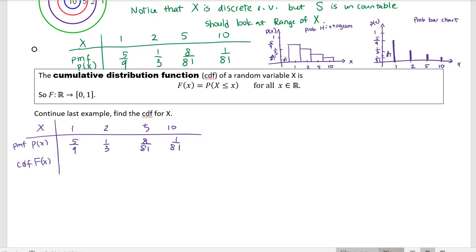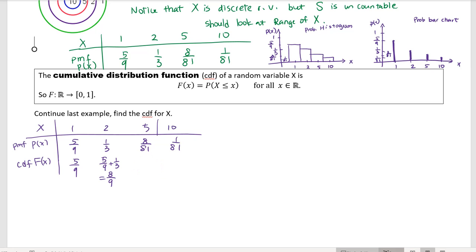The CDF is the probability of X less than or equal to that value. So for less than or equal to 1, it would just be 5 over 9. And for less than or equal to 2, you should add all these together. So you get 5 over 9 plus 1/3. 1/3 is like 3/9. 5 plus 3 is 8, so 8/9.